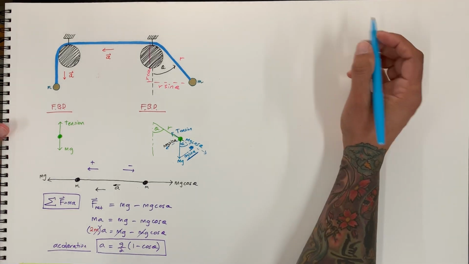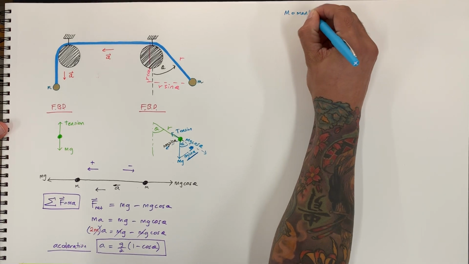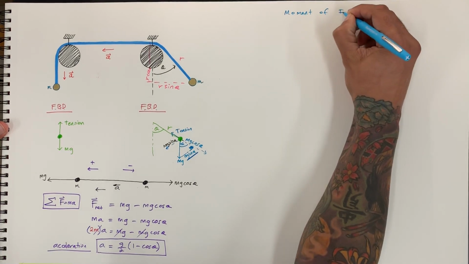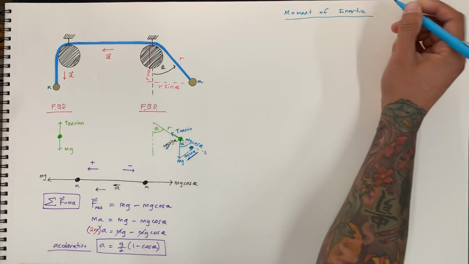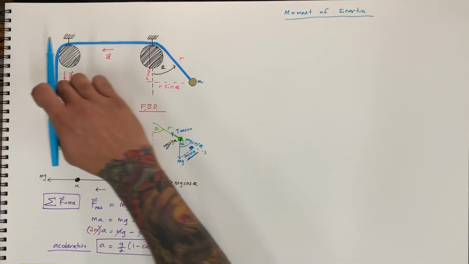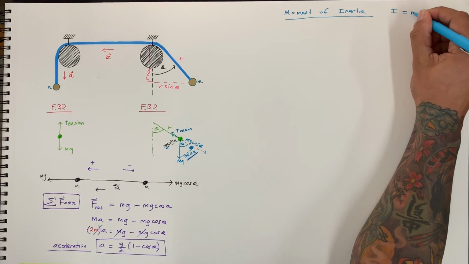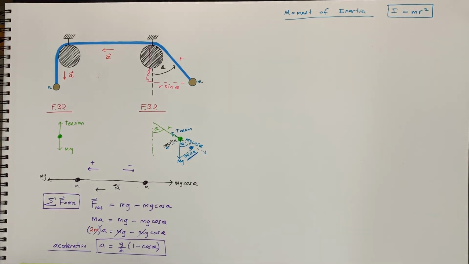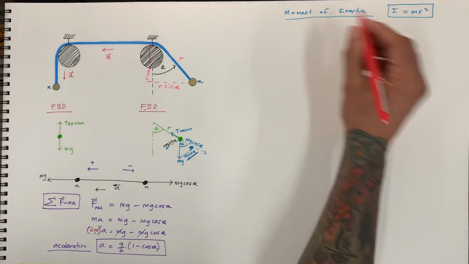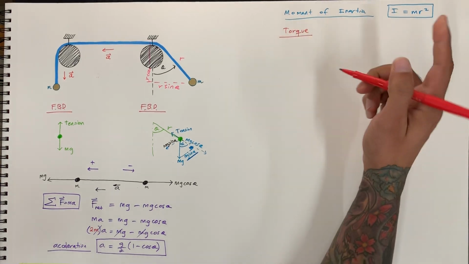Okay, so this is the acceleration of the system, and now let's try to find torque. Okay, so first we need the moment of inertia. Okay, the moment of inertia for these masses here is going to be I equal to mr squared. Okay, and we're going to need that in our equations of torque. So for torque, we have two equations.